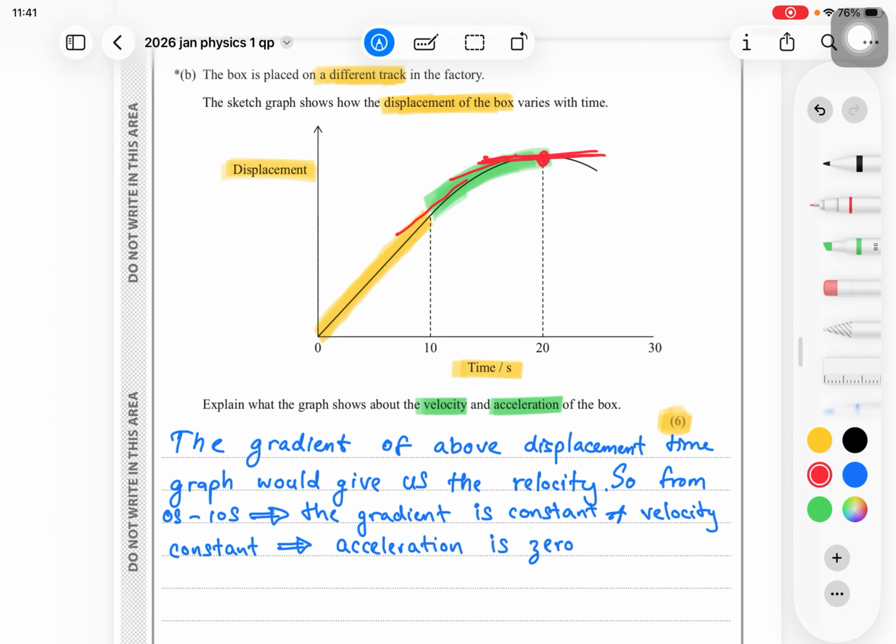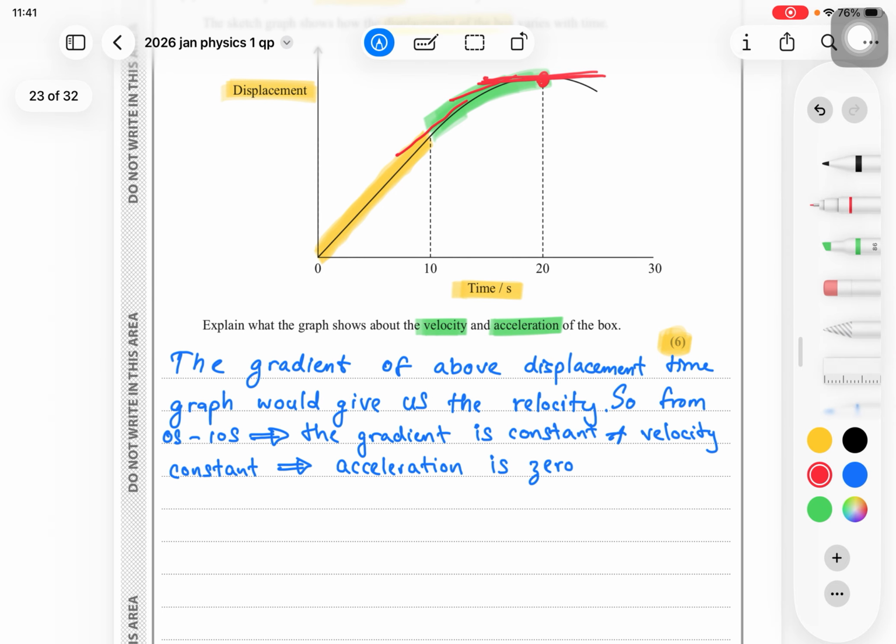So let's come back to this part. That's the second point.